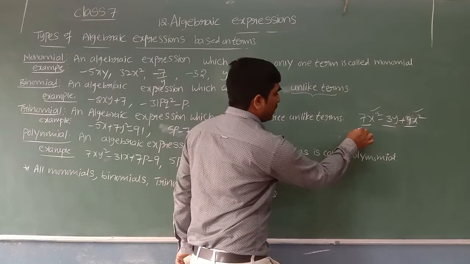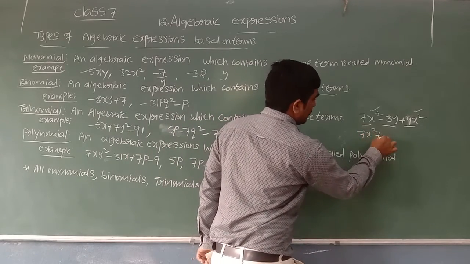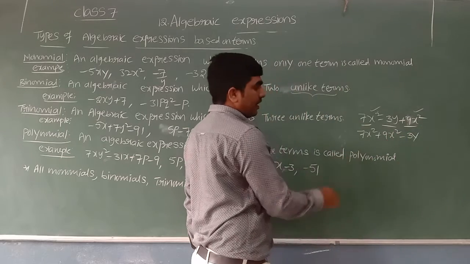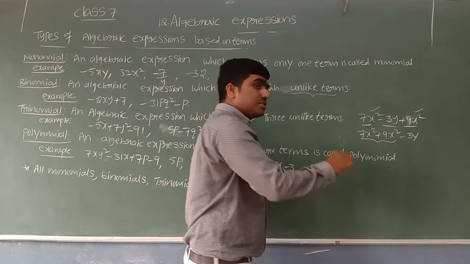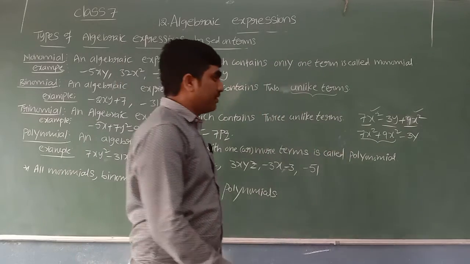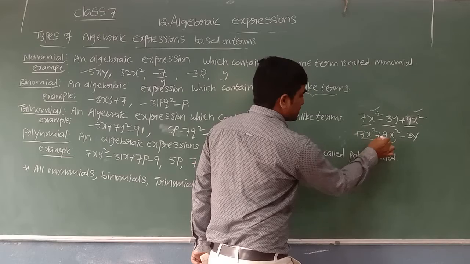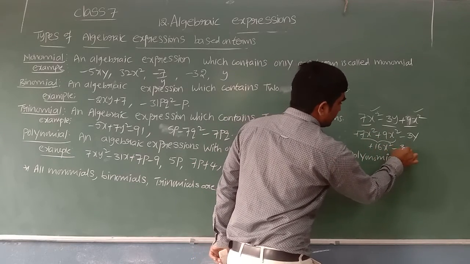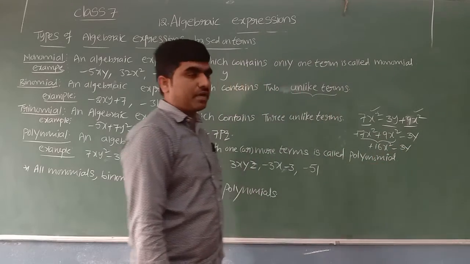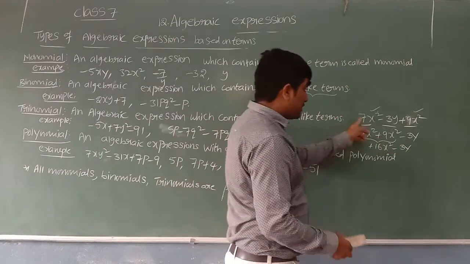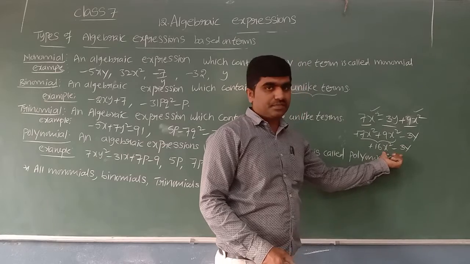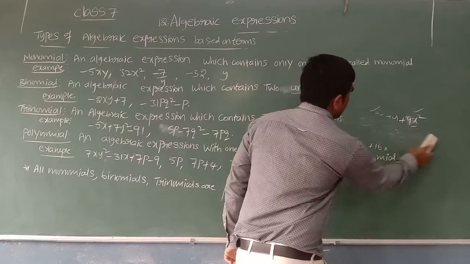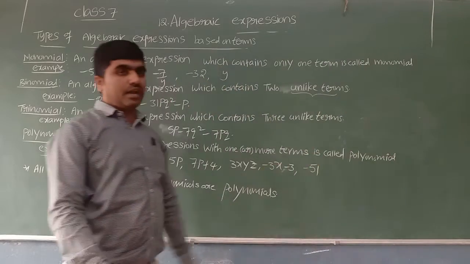So those like terms you write together, and the unlike term left, you write last. And these two we can simplify. Once two terms are like terms, we can simplify them. Plus 7 plus 9 is 16x power 2 minus 3y, which contains two terms, binomial. Though it has three terms, the answer is a binomial. The reason is those three are not all unlike. Some of them are like terms. So because of that, I said the condition must be unlike terms.